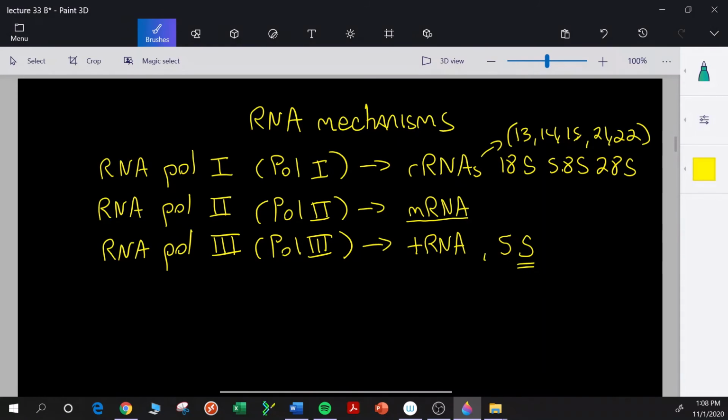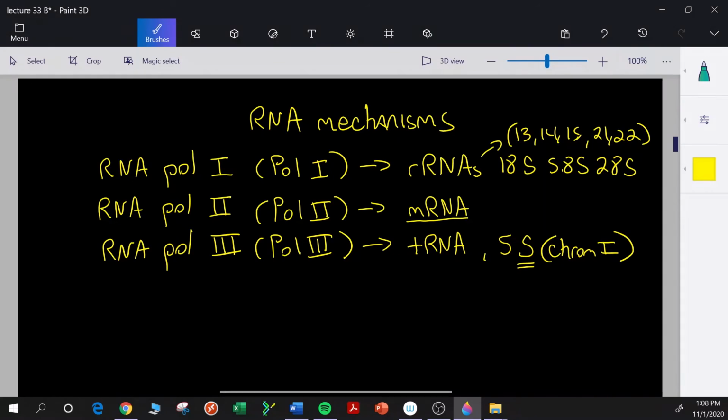The 5S repeat array is found on chromosome 1 in humans. So pol 1 is in charge of most of the ribosomal RNAs, those found on chromosomes 13, 14, 15, 21, and 22. Pol 3 is in charge of the 5S RNAs, encoded by chromosome 1 in humans.